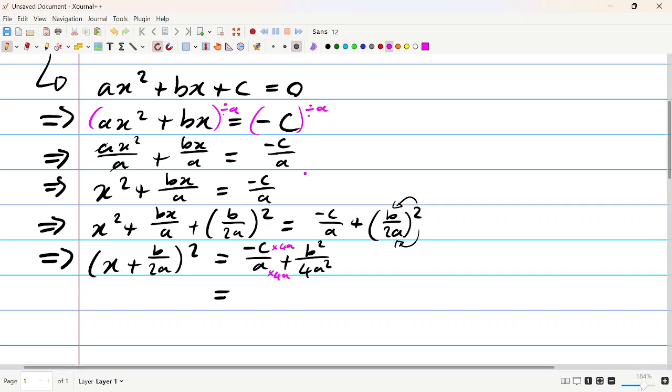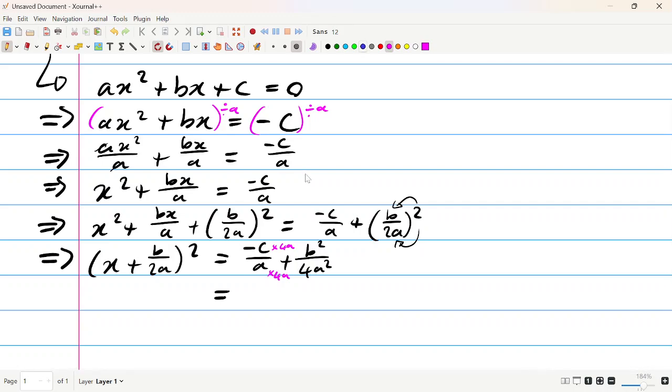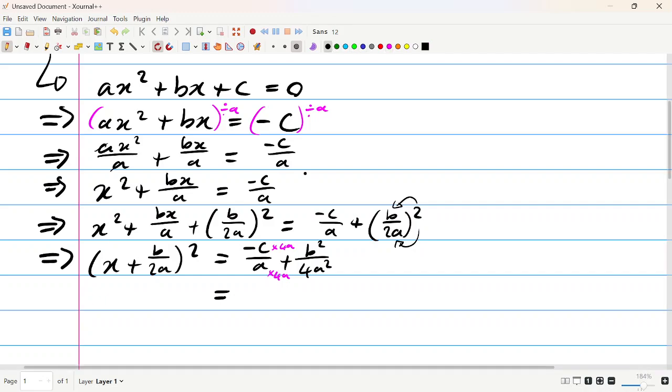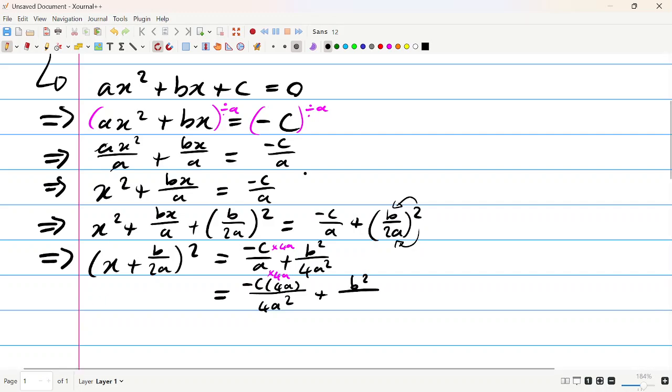If we multiply the bottom and the top by 4a, we get 4a squared on the denominator for the first term. Therefore, we'll have negative c multiplied by 4a, all divided by 4a squared, plus b squared divided by 4a squared.